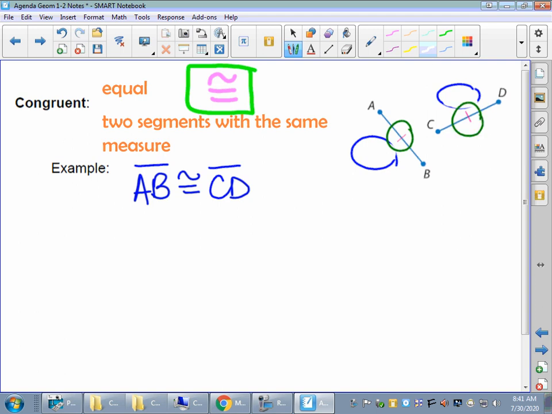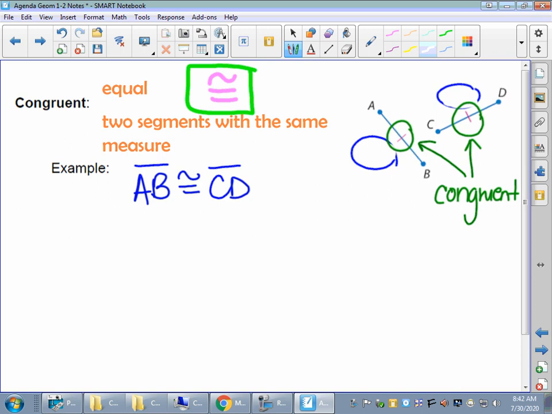So either it will write it out for you and say, like I wrote for the example, segment AB is congruent to segment CD, or if it doesn't give you anything, it'll give you those little dashes. Therefore, without any kind of measure, you know they're congruent. It doesn't matter how big they are.